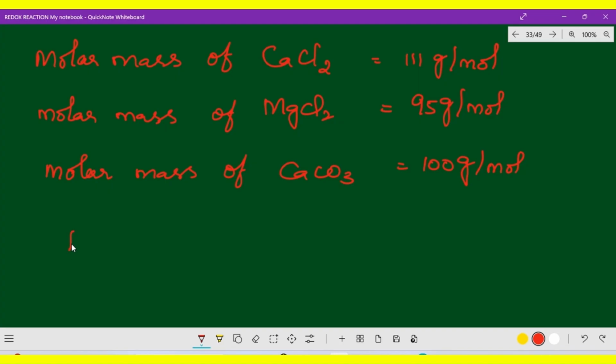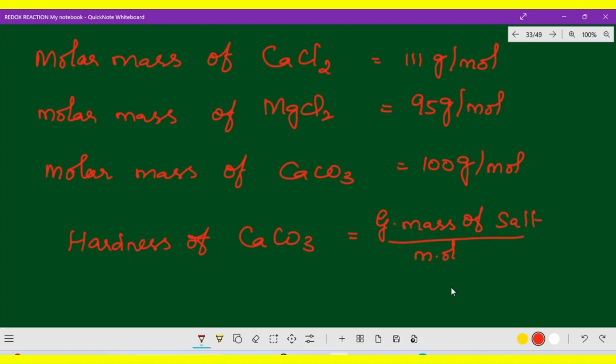So hardness of calcium carbonate equals given mass of salt divided by molar mass of salt, into molecular mass of calcium carbonate.